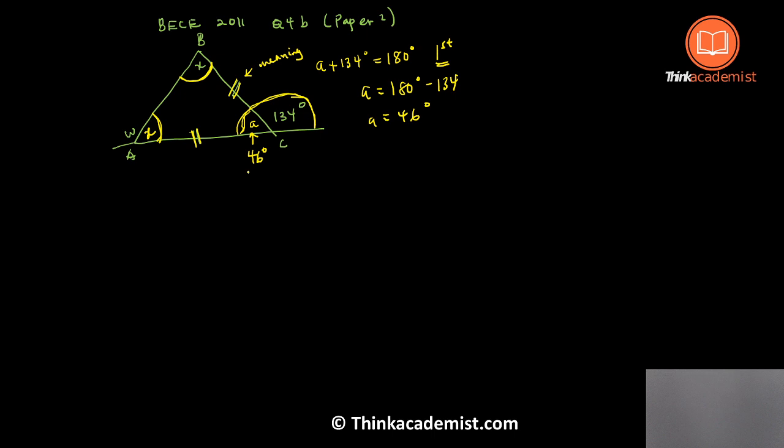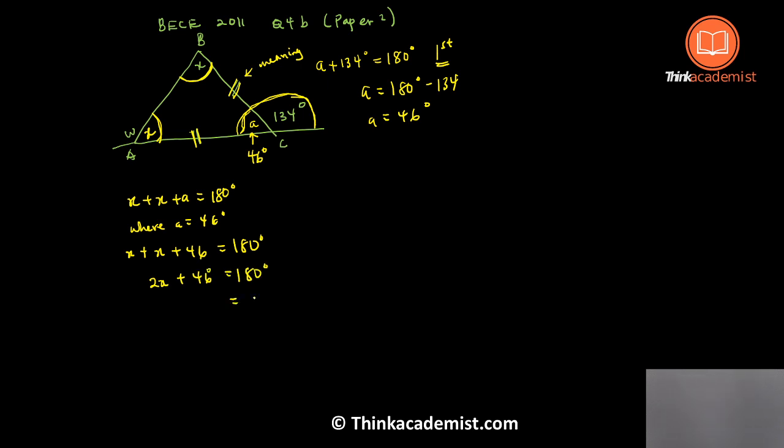Now if A is 46 degrees, we can find the total angle in the triangle. So it becomes X plus X plus A equals 180. We know A to be 46 degrees, so we fix in A. X plus X plus 46 equals 180 degrees. Are we okay? So solving this, we'll have 2x plus 46 equals 180 degrees.